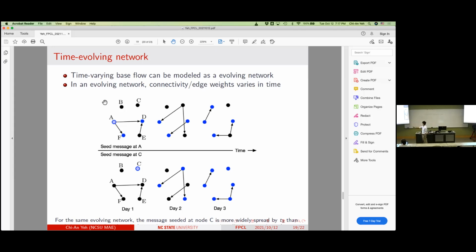All the links are the same across day 1 to day 3. But on top, I would pass this message to A, because on day 1 this person seems to be the coolest, with the most outgoing edges. So it probably makes sense to pass it there.